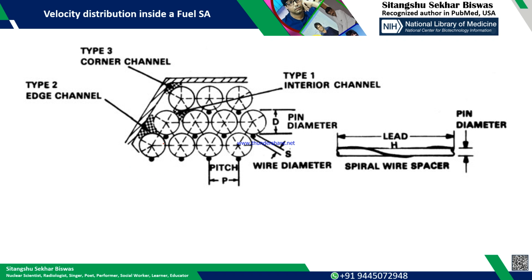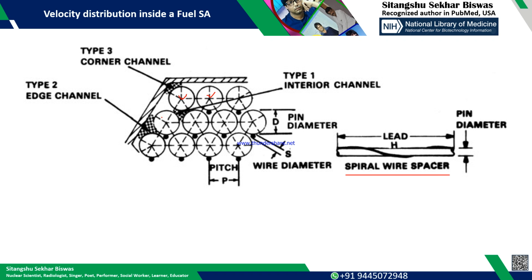So if you take the cross section of a fuel subassembly, you can see here these are the fuel pins, and they are arranged in this fashion, and there will be spiral wire spacers. This is the cross section, the plan view.